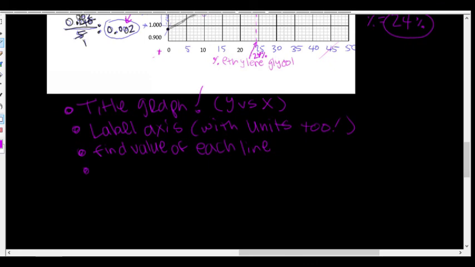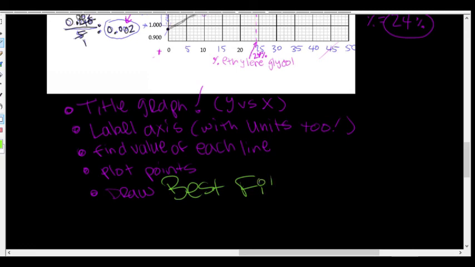Then you want to plot points, and after that we want to draw our best fit line. Put it in another color for a reason. You don't connect the dots, and I'll write that in red right underneath. Do not connect dots.